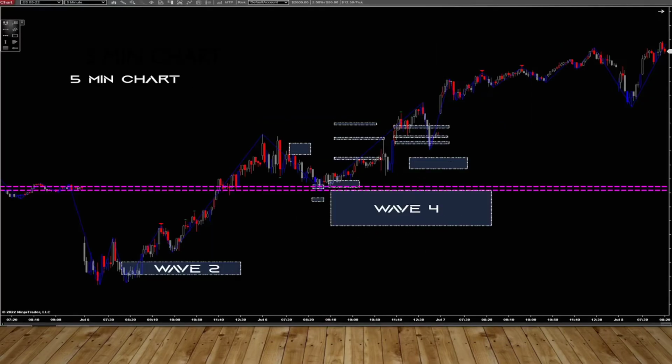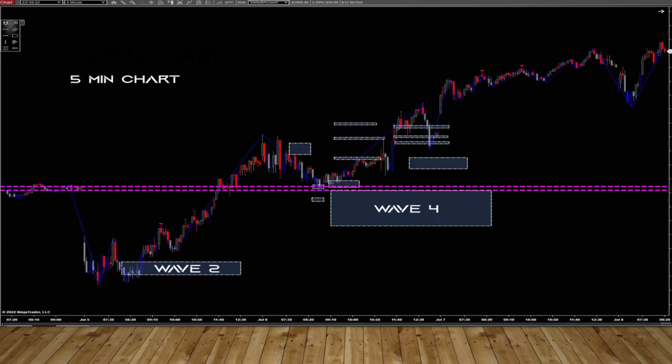So let's go to a 5 minute. In a 5 minute, I see a 1, 2, 3, 4, 5, or I could have been looking for a trade off of a 5 minute. I could have been looking for a wave 5. Okay, am I really in a wave 5?